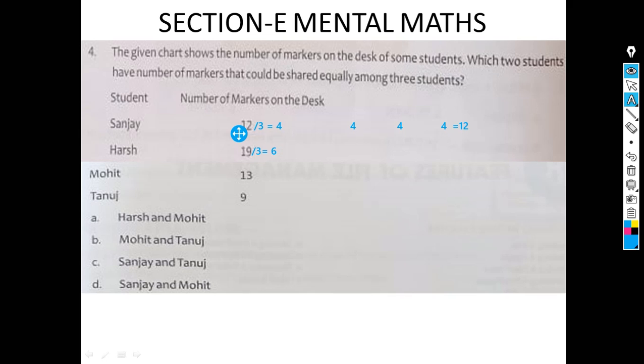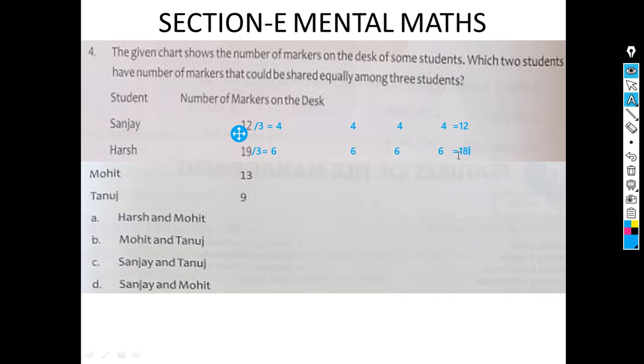So Harsh will give first 6 markers to the first student, then 6 to the second, and then 6 to the third student.